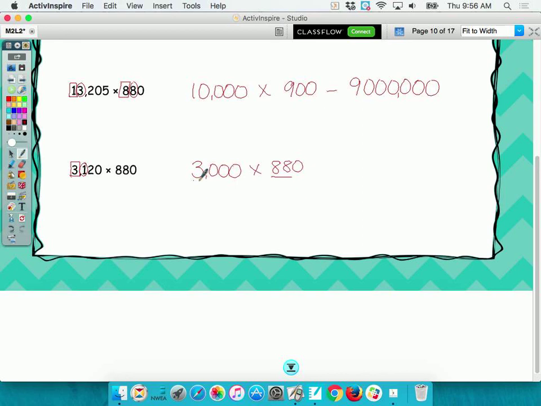Okay, so now let me rearrange this. I'm going to take 3 times 88 times a number with 4 zeros. 10,000. 3 times 88. You want to use standard algorithm? Go ahead.